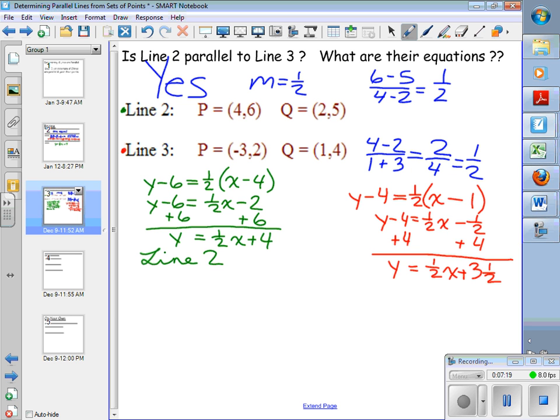All right, and this was line 3. Okay, hopefully that was easy enough to follow.